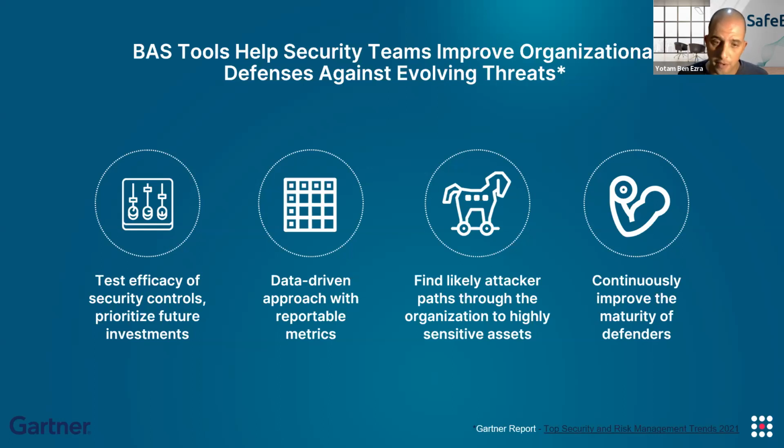One of the things customers are very interested in understanding is what are the likely attacker paths through the network, or in other words, what would an attacker from the outside have to do in order to reach my crown jewels or my important assets? And in many cases, the hidden choke points are not with direct access, but with indirect access.